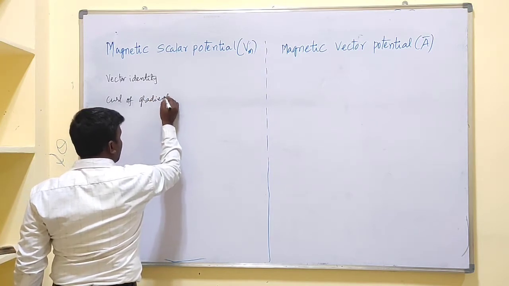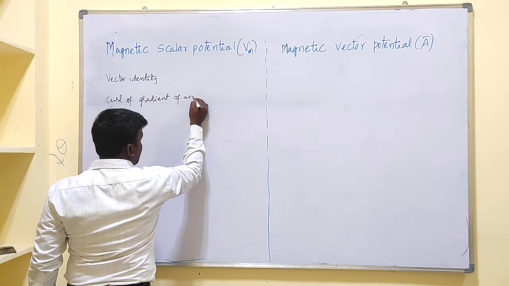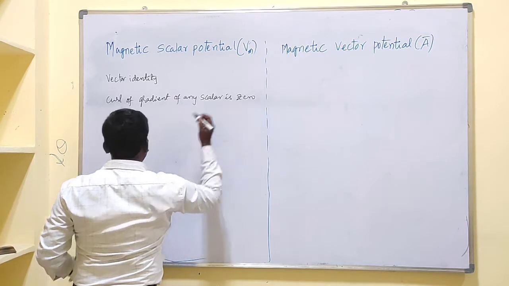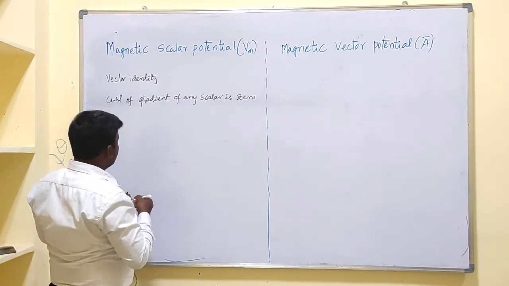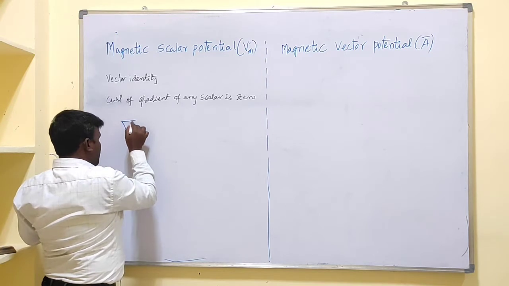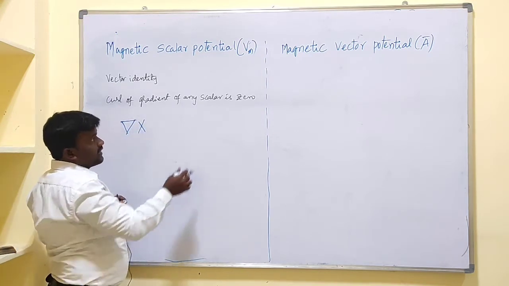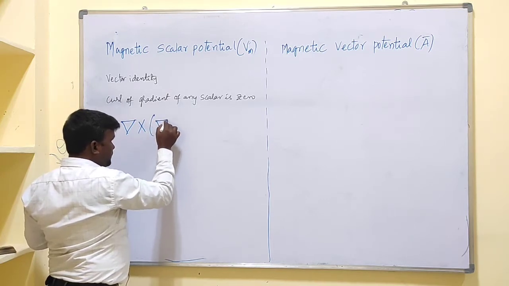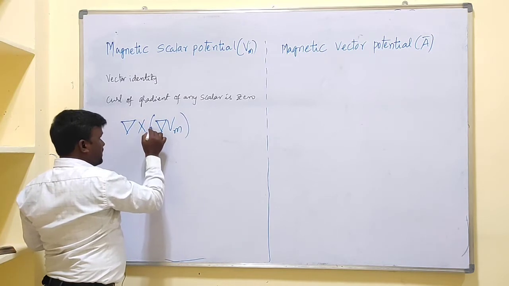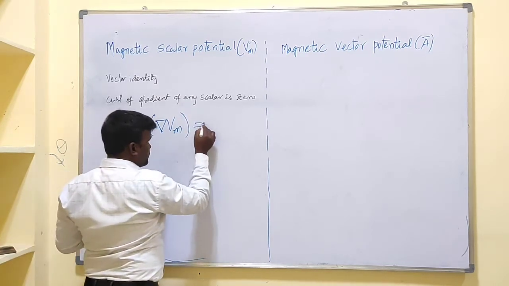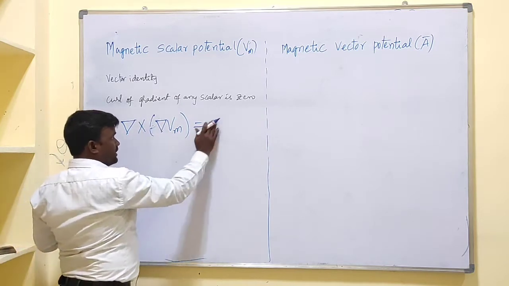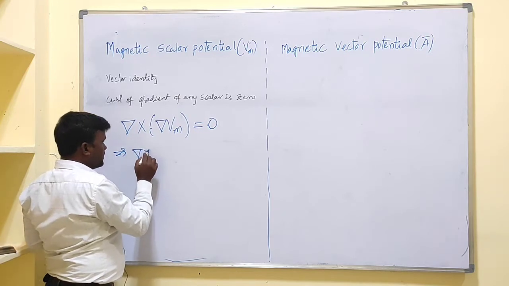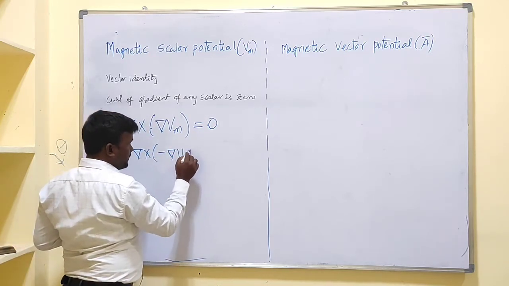Let us apply it like this: del cross del Vm equal to 0. Of course, here I consider a negative sign. The curl of the gradient of any scalar is 0. Let us multiply by minus on both sides. I will get del cross minus del Vm equal to 0.